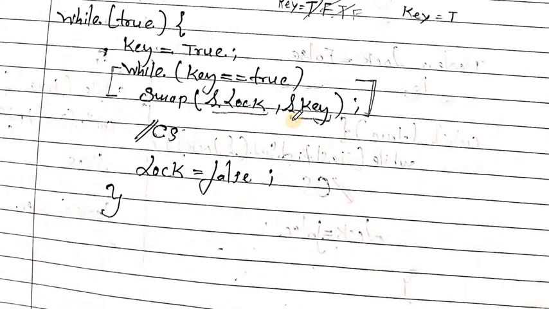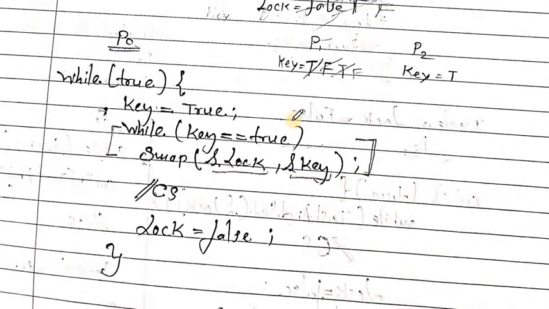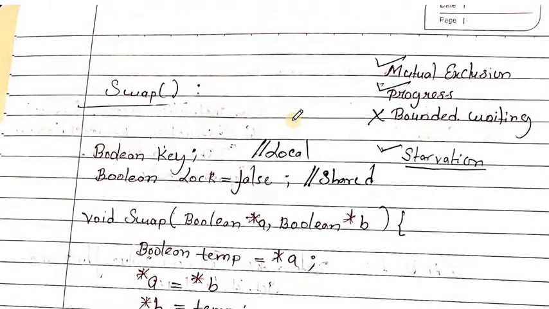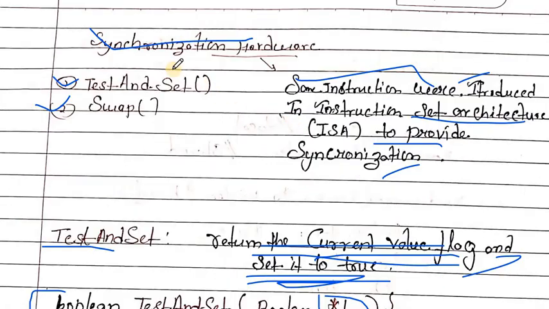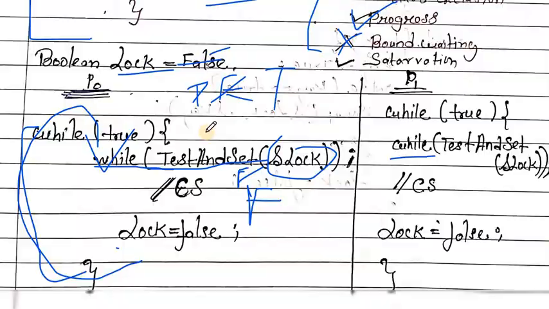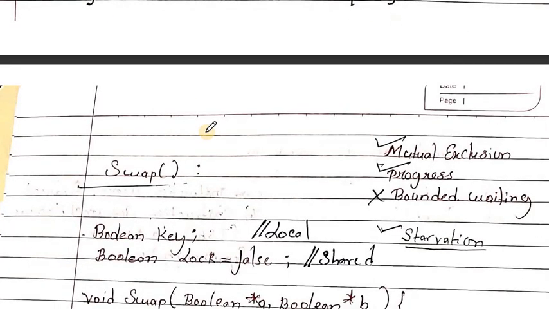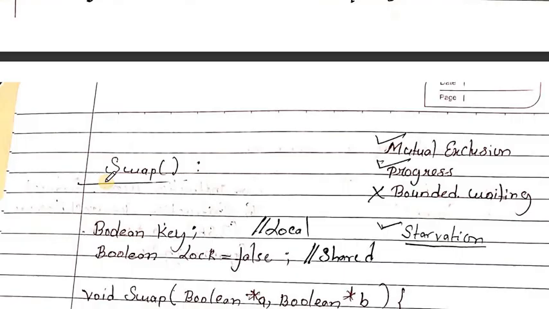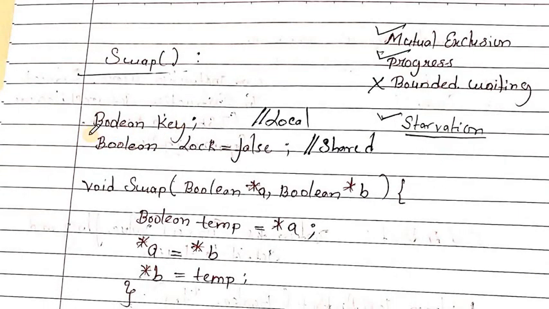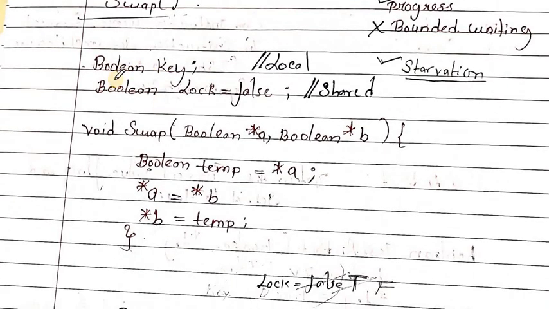Now the second function of the hardware solution is swap. In swap there are two variables, variable key and variable lock.